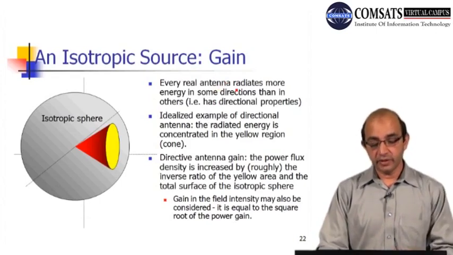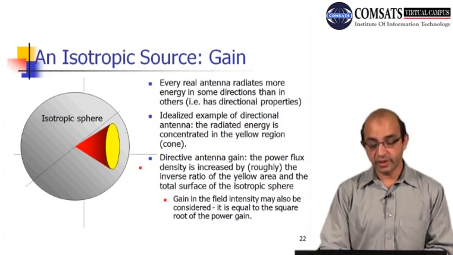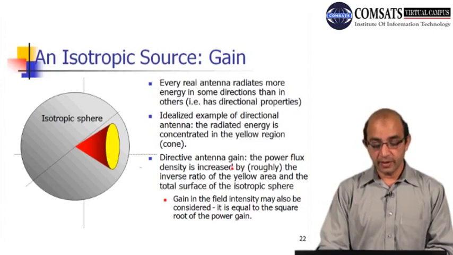Every real antenna radiates more energy in some direction than in others, right? So in directional properties, in this idealized example of a directional antenna, the radiated energy is concentrated in the yellow region. You can see here the radiated energy is concentrated in this cone. For a directive antenna gain, the power flux density is increased by the inverse ratio of the yellow area and the total surface of the sphere.